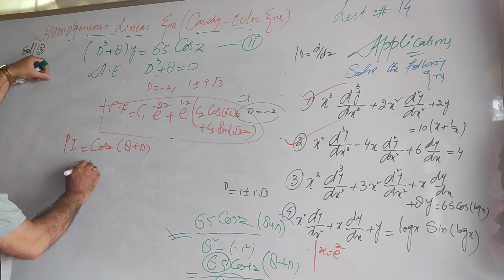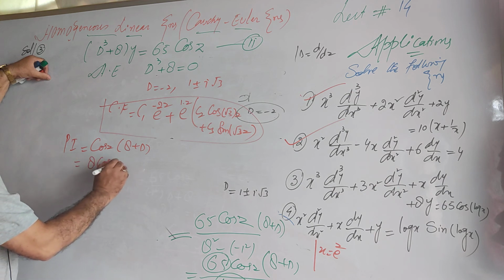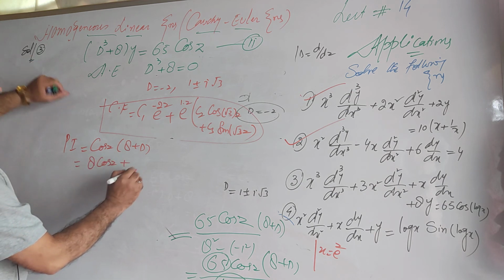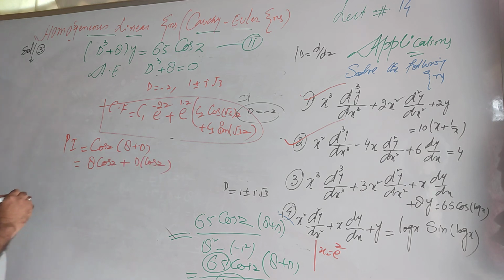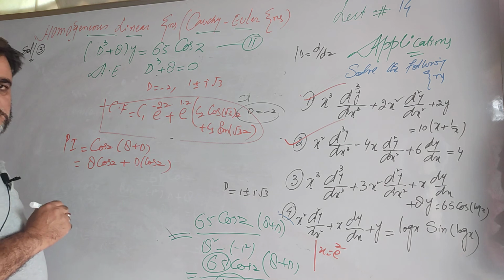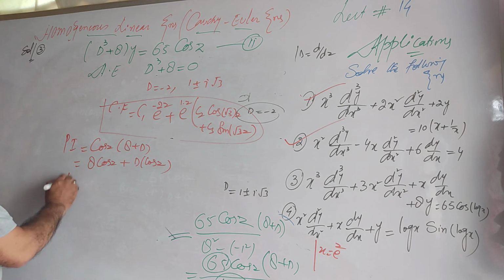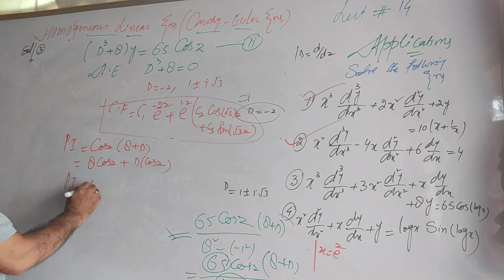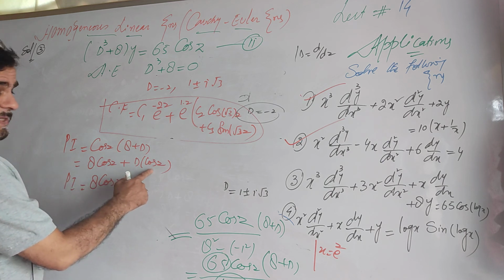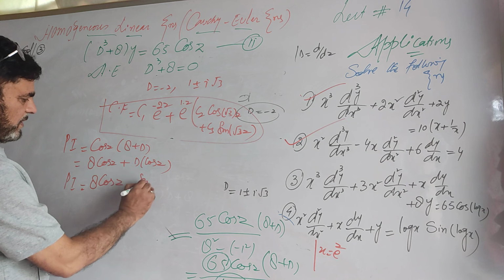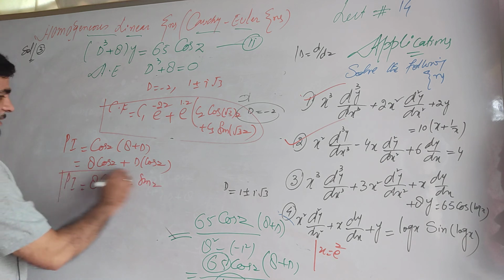It is equal to 8 cos z plus D of cos z, the derivative of cos z. So the particular integral is 8 cos z plus the derivative of cos z, which is minus sin z. This is your particular integral.